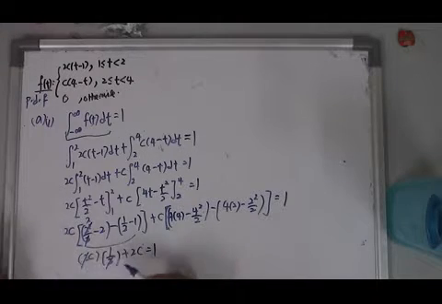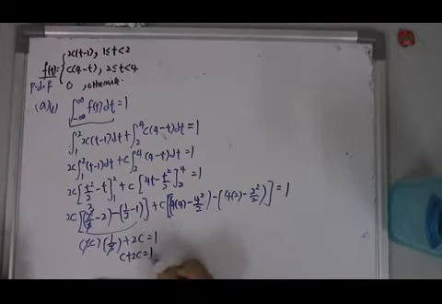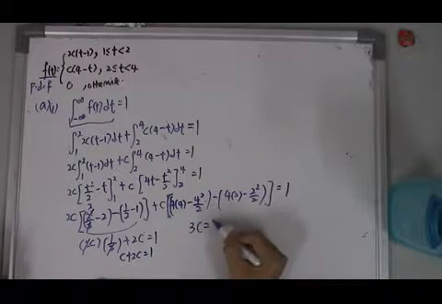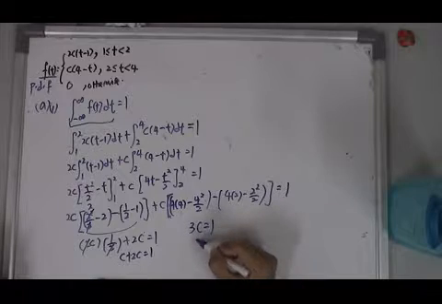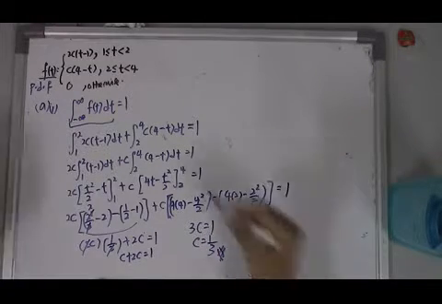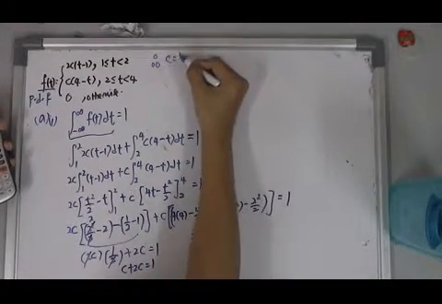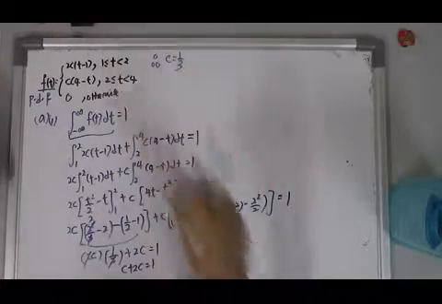So this and this cancel off, and it becomes c plus 2c equals 1, which gives 3c equals 1. Therefore c equals 1 over 3.